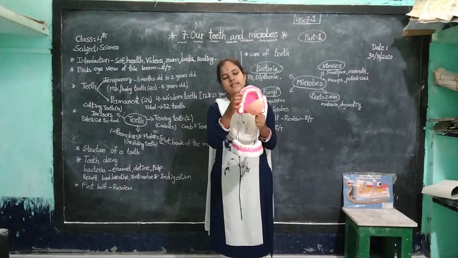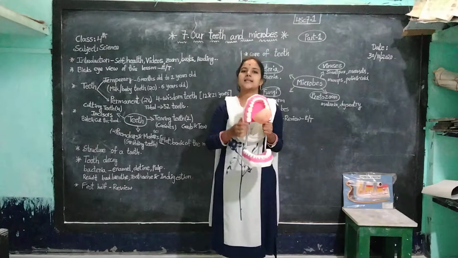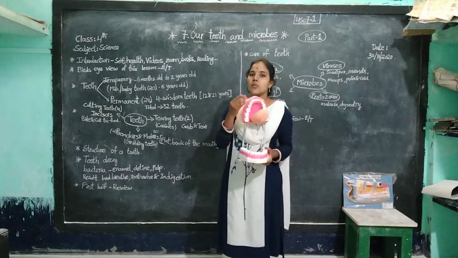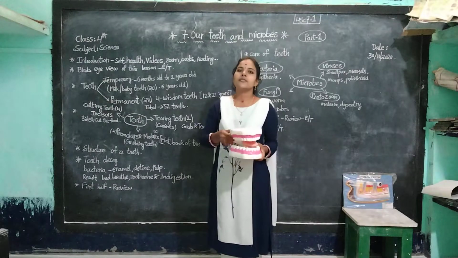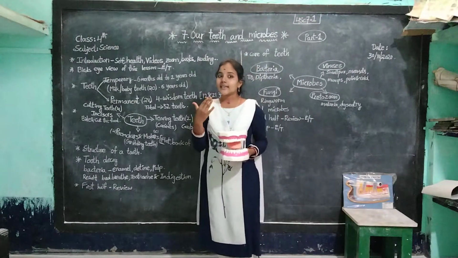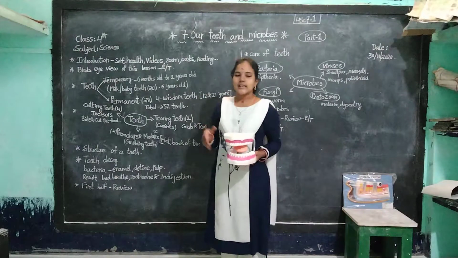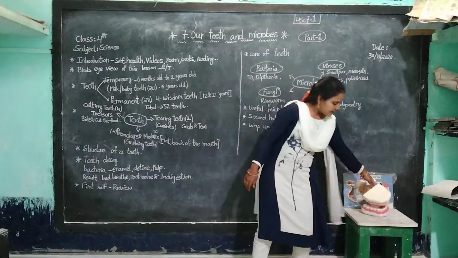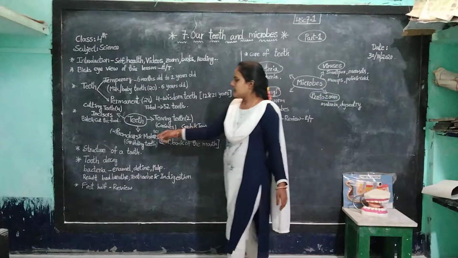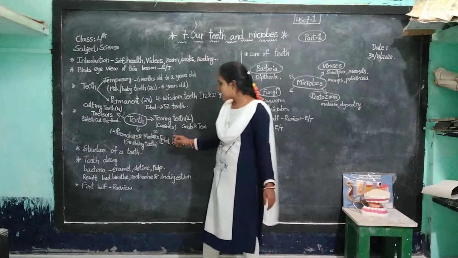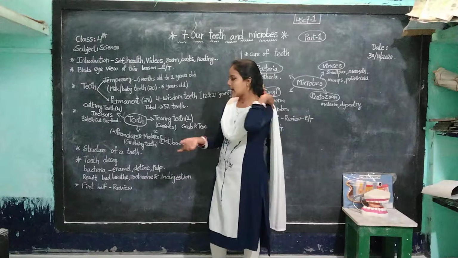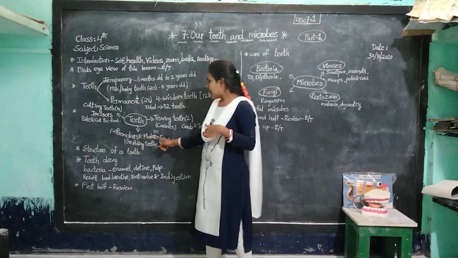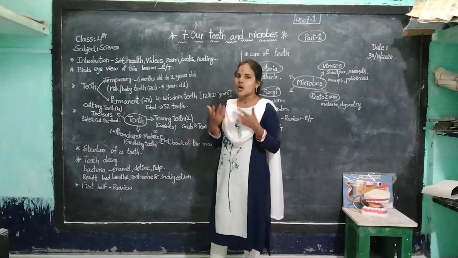Before the double teeth, these 2 are called the premolars. Children, these molars and premolars are used to grind the food. Totally in each jaw we have 4 premolars and 6 molars. Totally in our mouth we have 8 premolars and 12 molars.